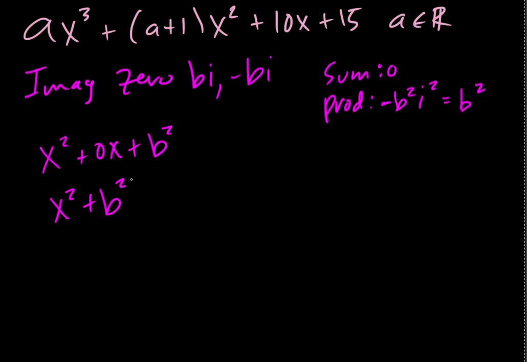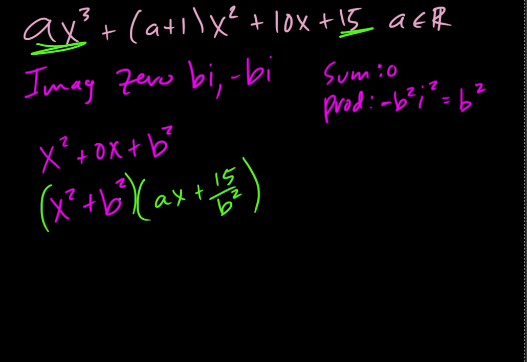Okay, and then we need to think, what do we need to multiply this by to make this term and this term? Well, we need to multiply this one by ax. And then to get 15, it needs to be 15 over b squared, because we need to cancel the b squared since it doesn't show up here.